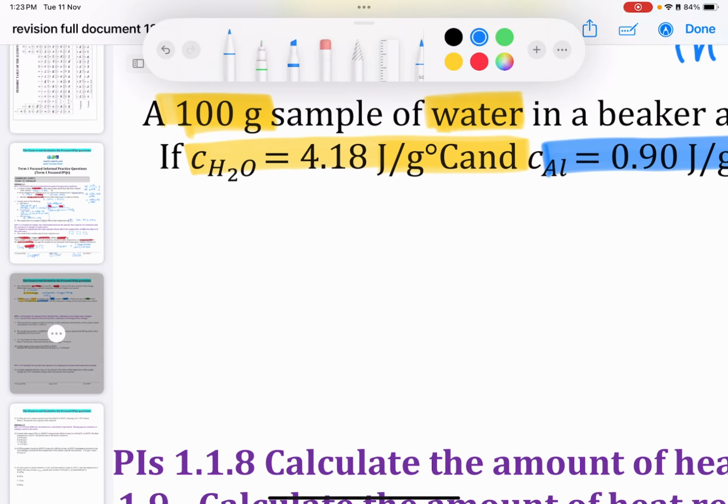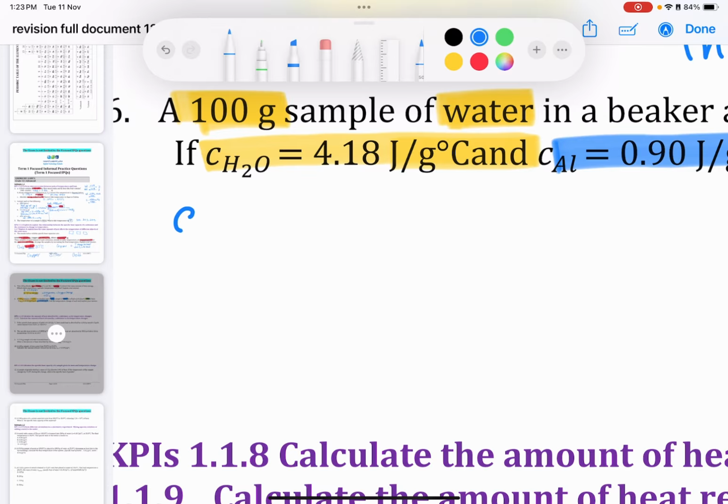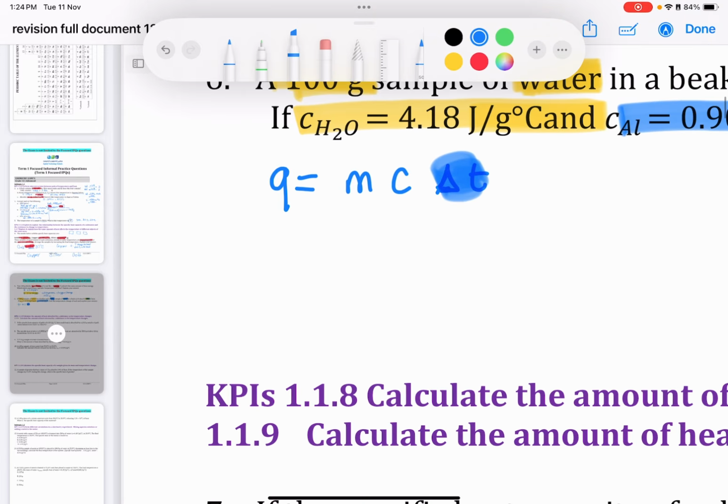Now, there is one formula that we use in this lesson, which is Q equals m c delta T. They want us to find the temperature change. Delta means change. They want us to find delta T for aluminium and delta T for the water. So I'm going to start with water. What do we have?